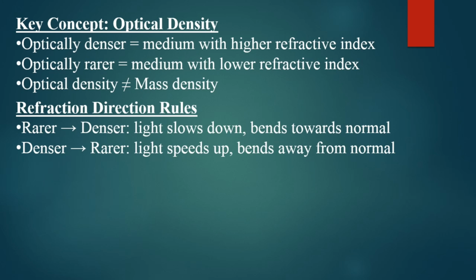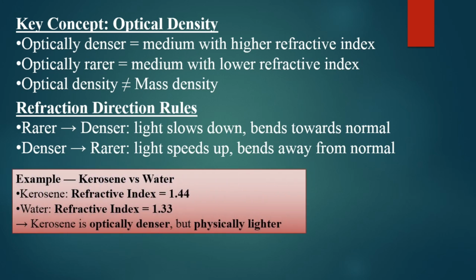That means light bends away from the normal. We can take the example of kerosene and water. The refractive index of kerosene is 1.44, whereas the refractive index of water is 1.33. Even though kerosene is physically lighter, with less mass density, it is optically denser because it has a higher refractive index.